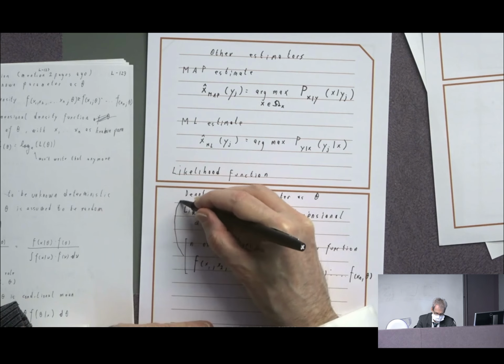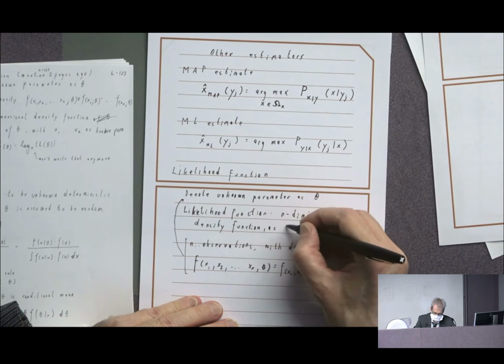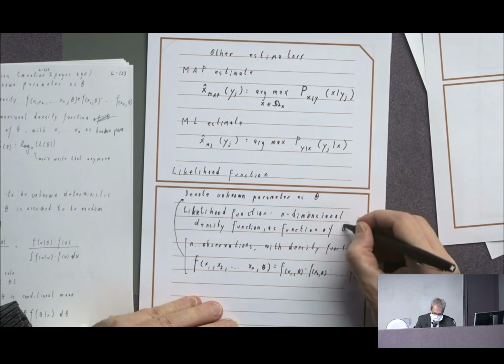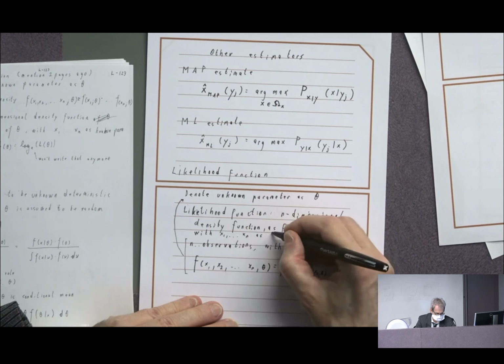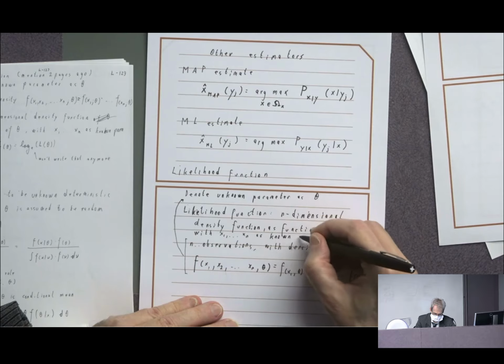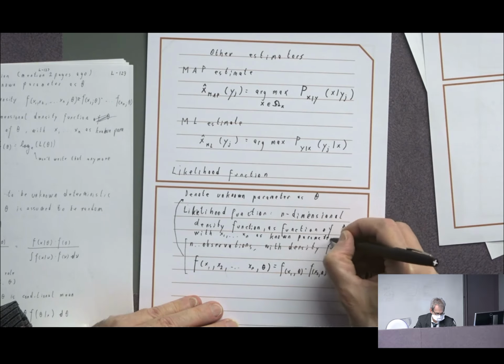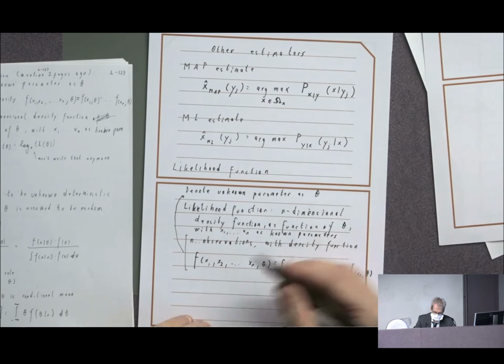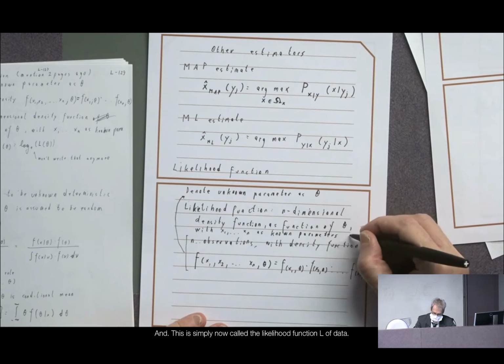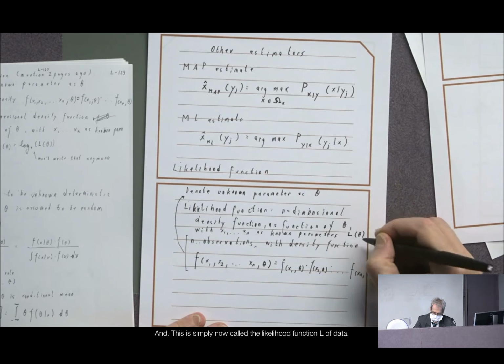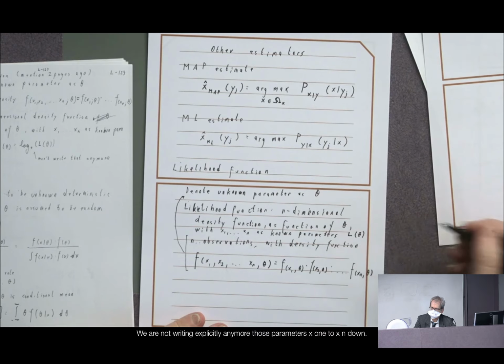And this is simply now called the likelihood function L of theta. We're not writing explicitly anymore those parameters x1 to xn down, right?